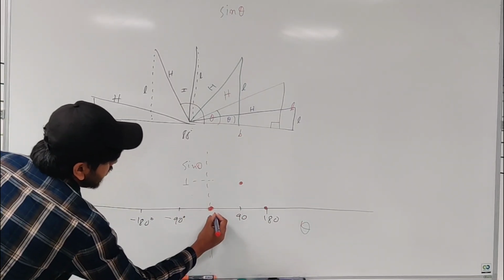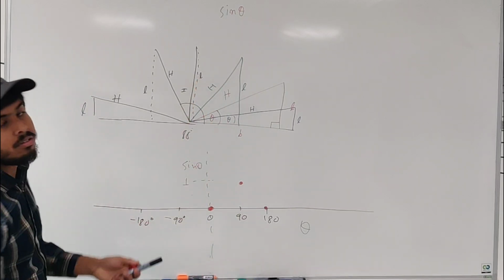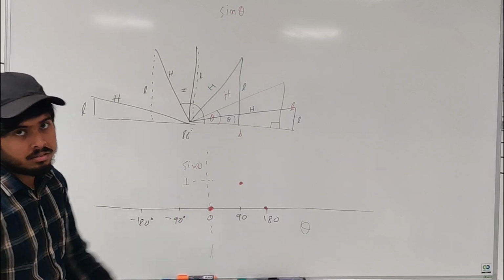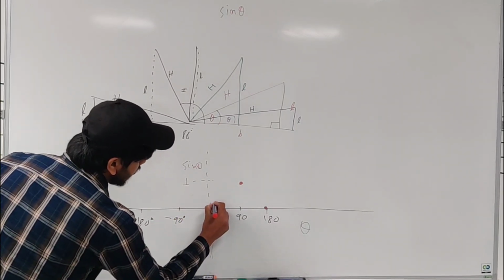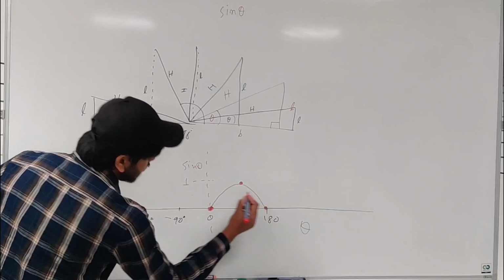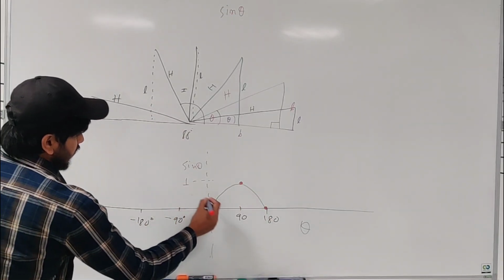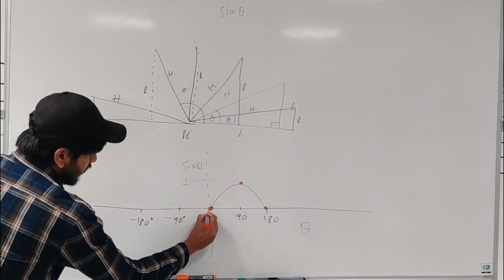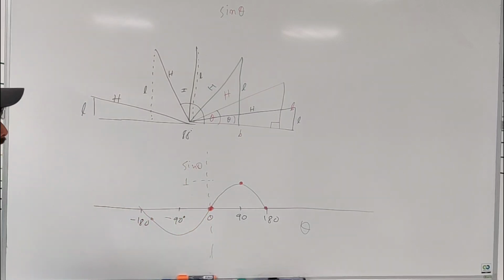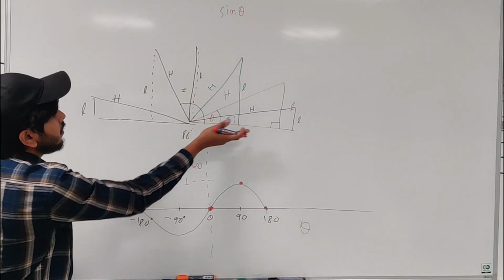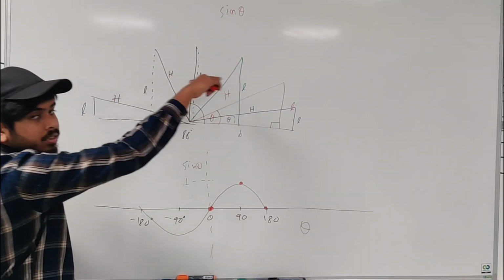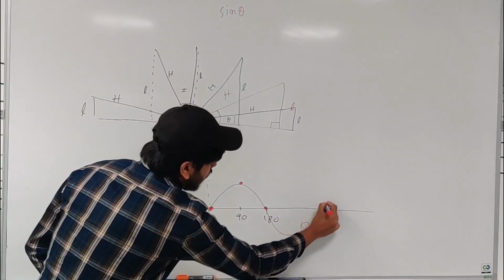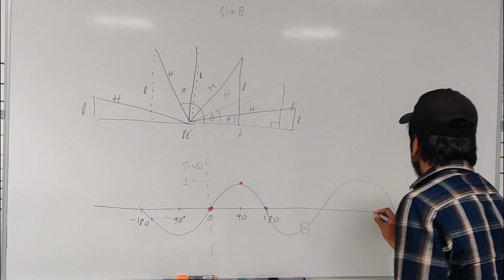You can do this exercise, draw a triangle, sit down with a compass and a ruler and calculate the value of sine theta for different angles if you want. If you do that, you will end up getting a nice curve like this. And if you go the other way around, that is minus, you will see this kind of behavior. This will keep continuing because you can go 180, then 360; it will be periodic, going round and round again.